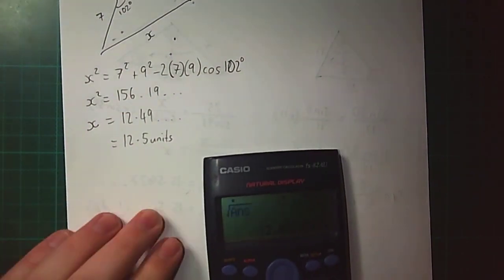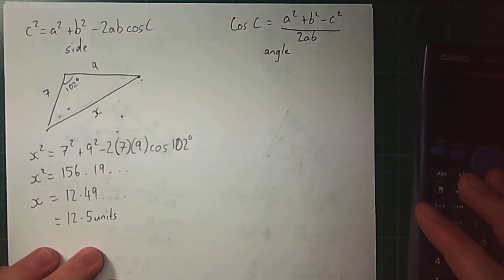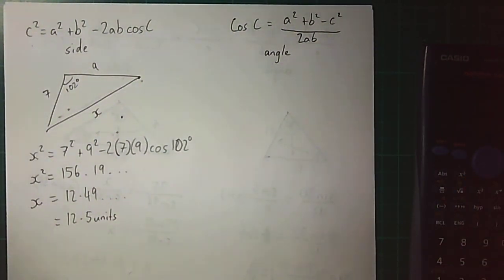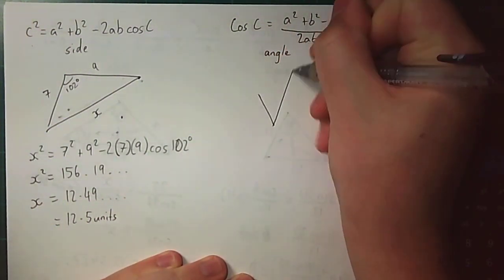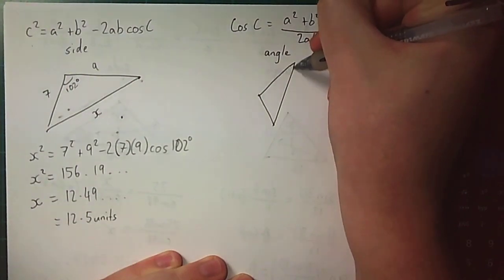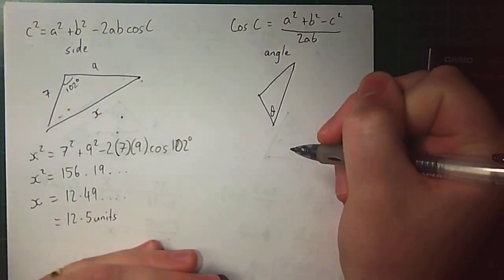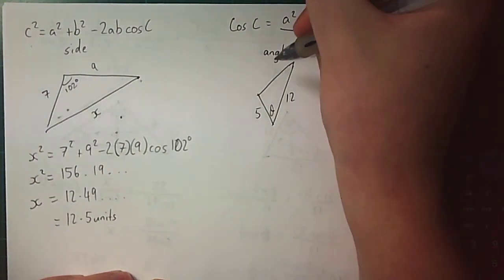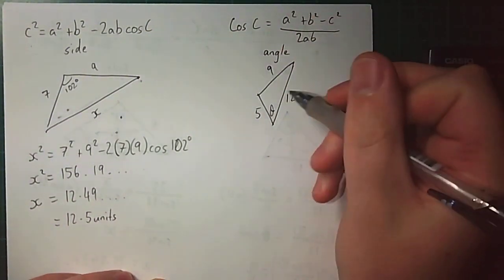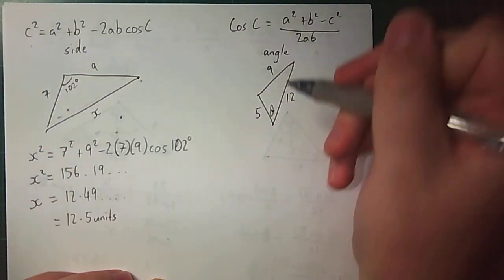Now we'll do it again, but this time we're going to be finding an angle. So say we've been given this triangle here. That's our unknown. We know that this is 5, this is 12, and this is 9. Now we've got that trinity over here, plus one opposite.